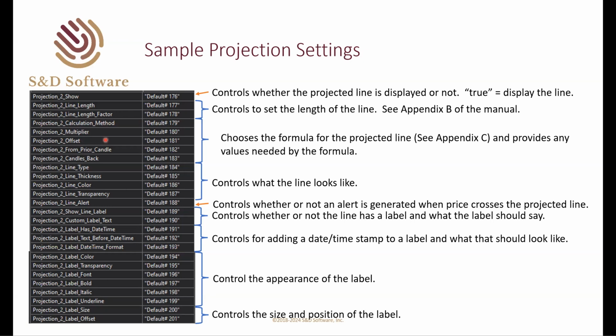Now, by default, projections are going to start from the open of the session. However, you can choose to have it project from a prior candle. So if you set from prior candle here to true, then the following setting becomes active. You have to tell it how many candles to go back before the open of the session.